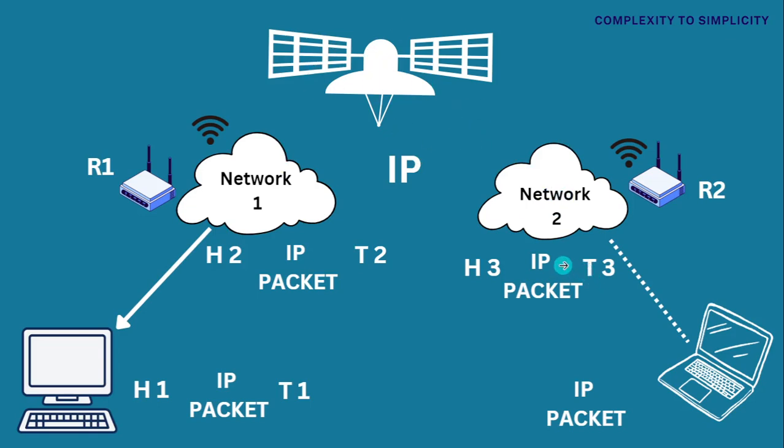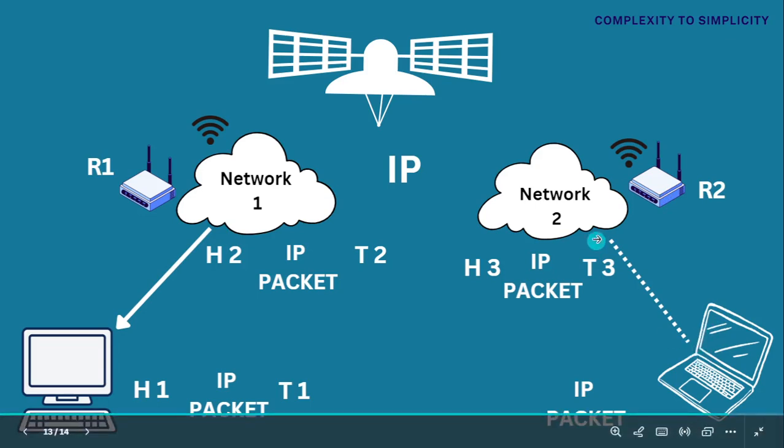And after receiving at network 2, first it will be decapsulated by the network, and again at the router it will be encapsulated in the form of a wireless link frame. So the laptop receives the wireless data link frame, decapsulates it, and then forwards the IP packet to the network layer.